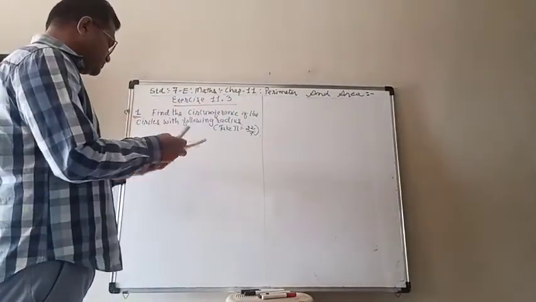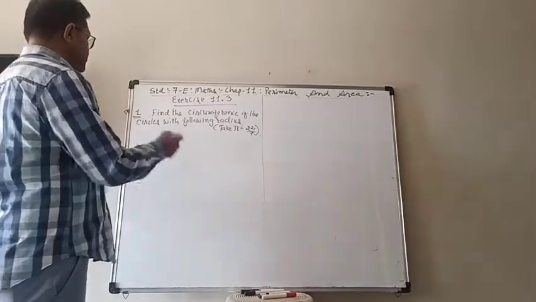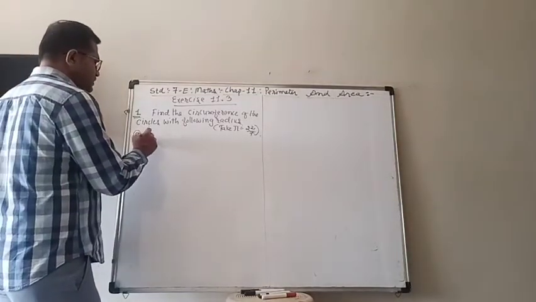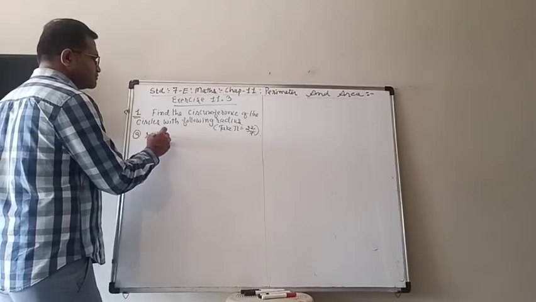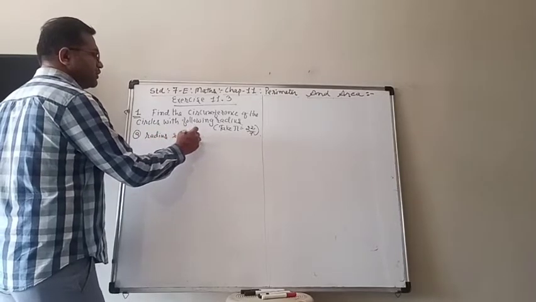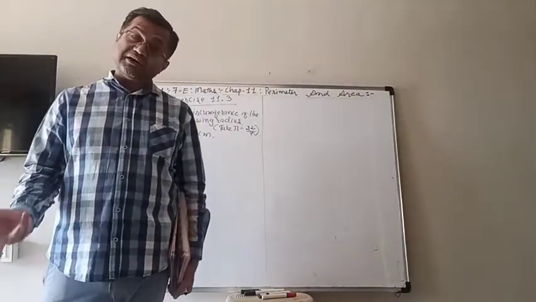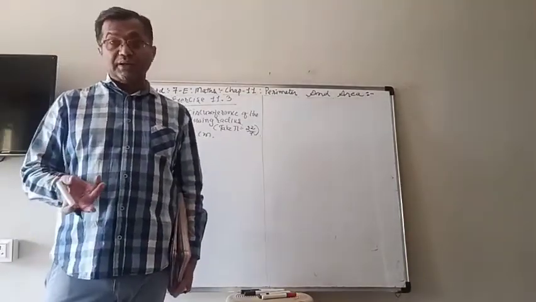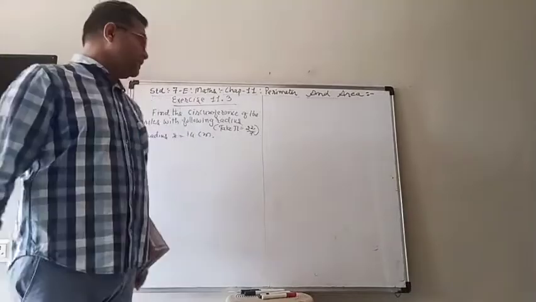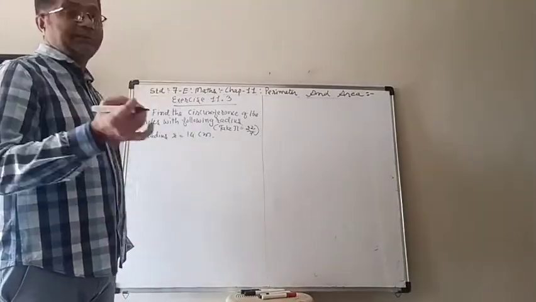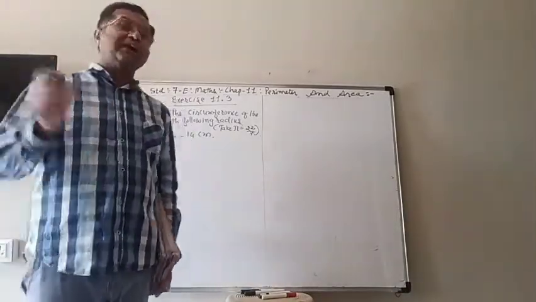In the first one, what is given? 14 centimeter, which means radius r is equal to 14 centimeter. If radius is given, we know the formula. The formula is circumference is 2 pi r.